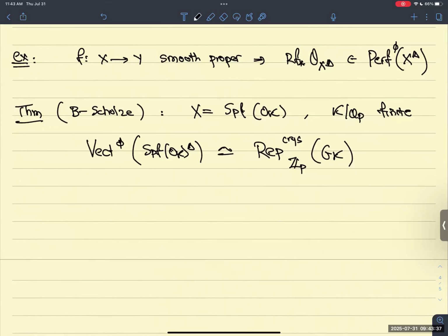I want to tell you something we can do with this equivalence. So let me make a first remark about this. This is what happens in the case of the point, so to speak. I'm talking about just DVRs. And you can ask if there's a higher dimensional version of this, and it exists.